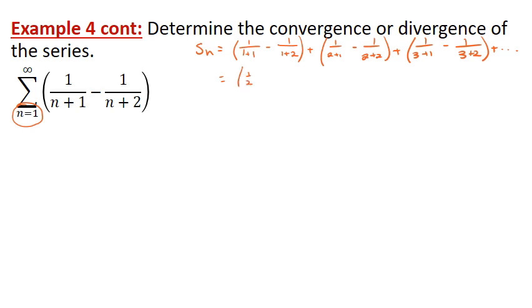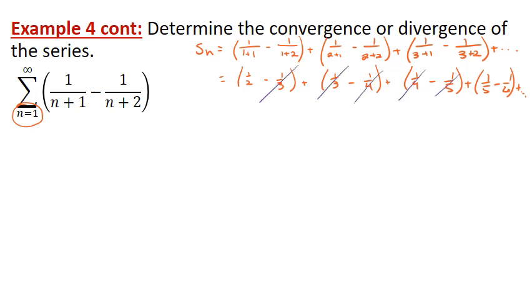This becomes 1/2 minus 1/3 plus 1/3 minus 1/4 plus 1/4 minus 1/5 plus 1/5 minus 1/6 and on and on. Hopefully you notice that some things cancel out: negative 1/3, 1/3, negative 1/4, 1/4, negative 1/5, 1/5, and so on.